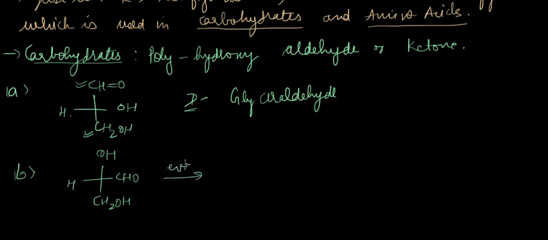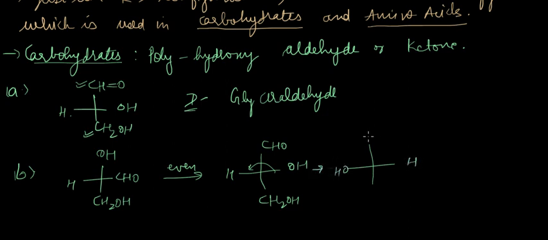If we change an even number of bonds, we would have CHO here, OH here, and CH2OH here. So I'll again change the bonds because I have changed only one bond till now. So it would be again OH here, H, CHO and CH2OH.